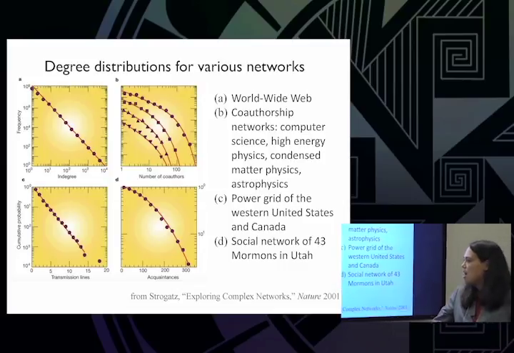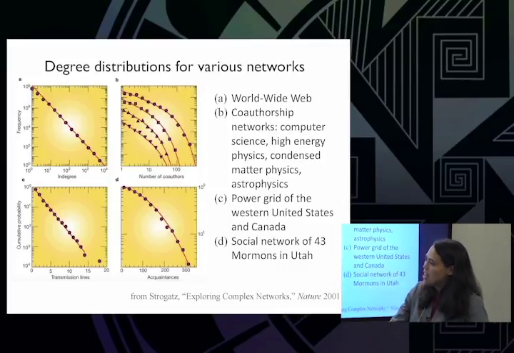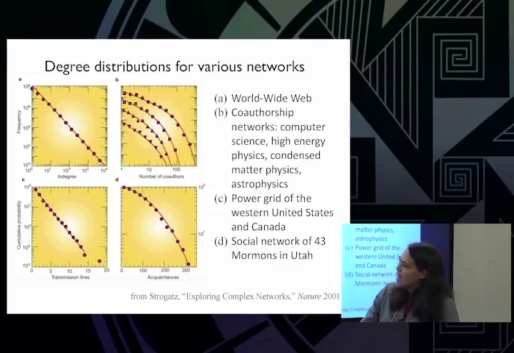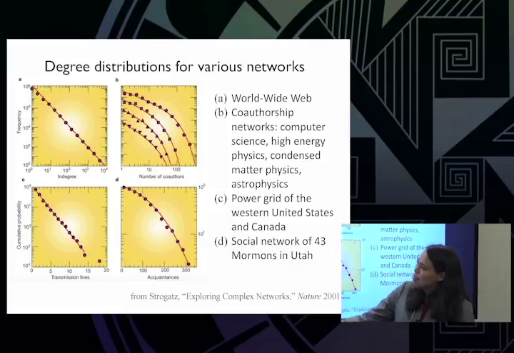But then some networks don't have this heavy tail. Here is the distribution for the power grid of the Western US and Canada. This is on a linear scale instead of a logarithmic scale on the x-axis. This one goes out to 10,000, and this one only goes out to 20.